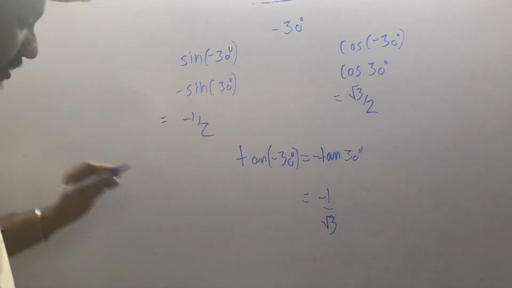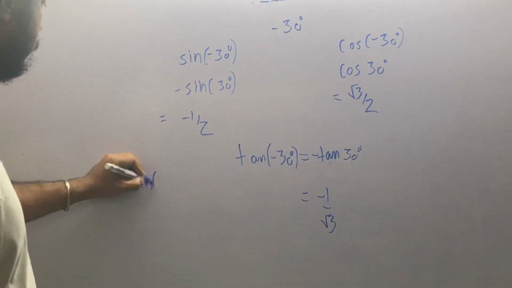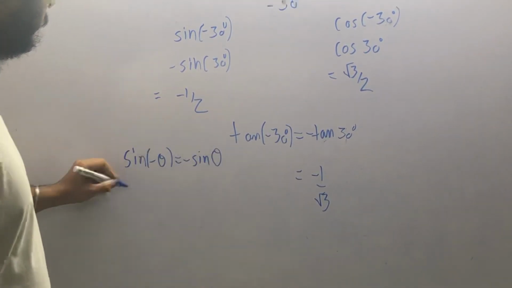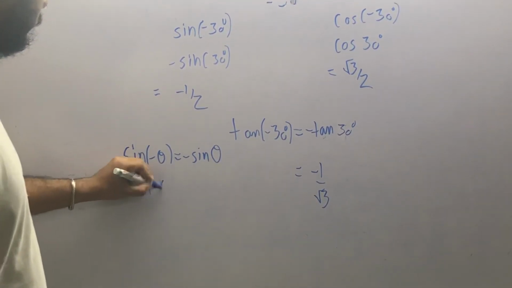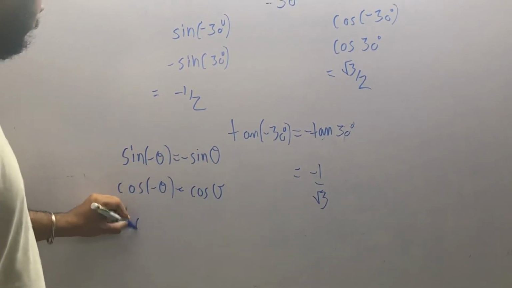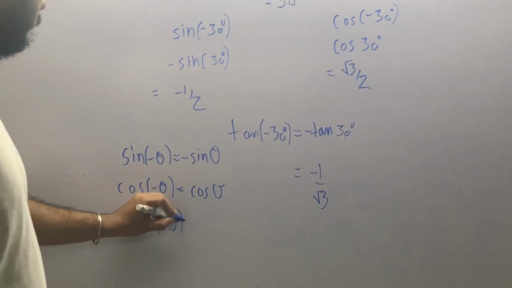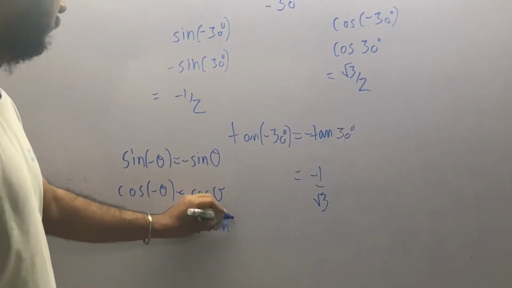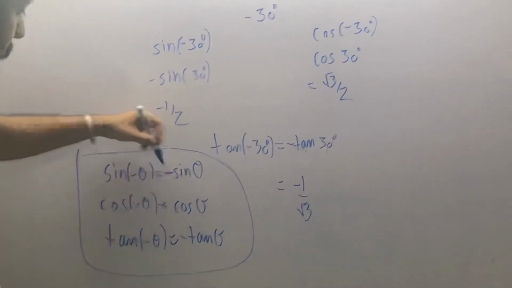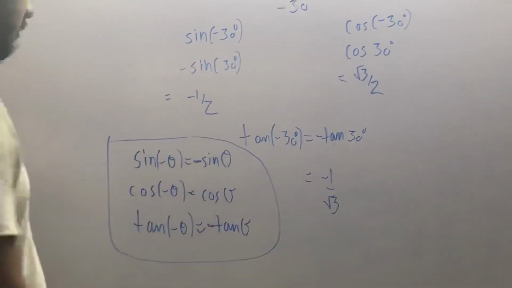I will write the identities again. These are the three identities. Please never forget them, they are quite simple.